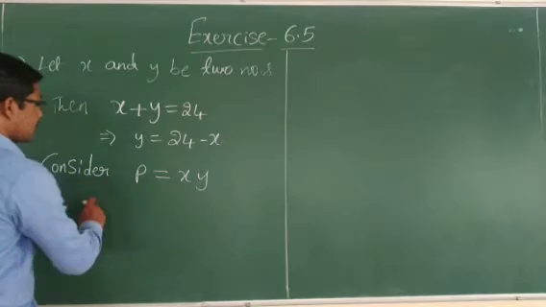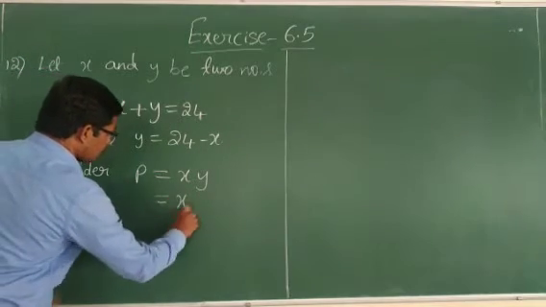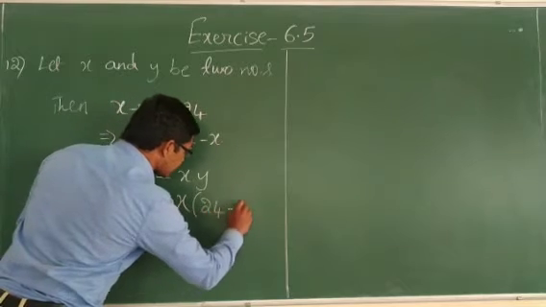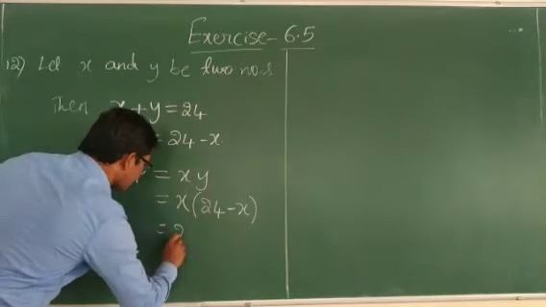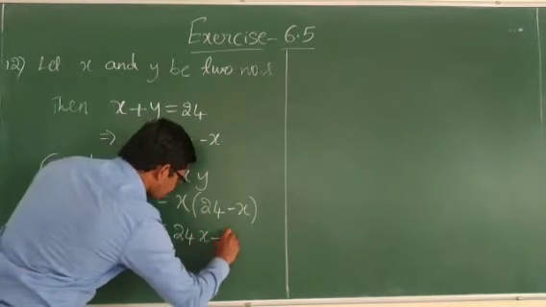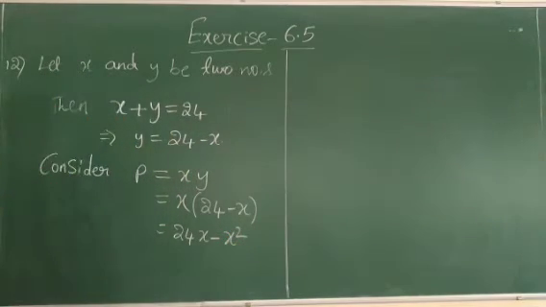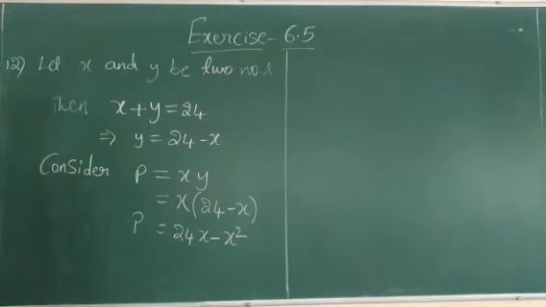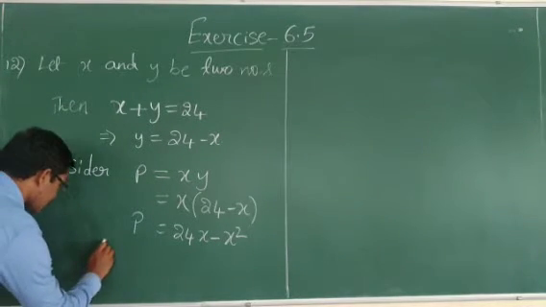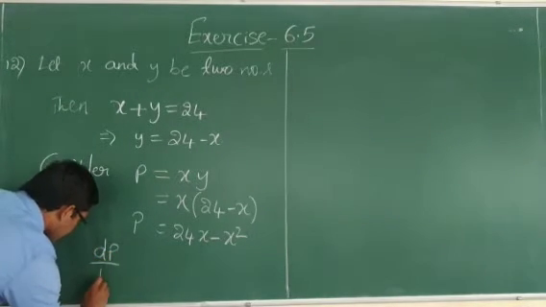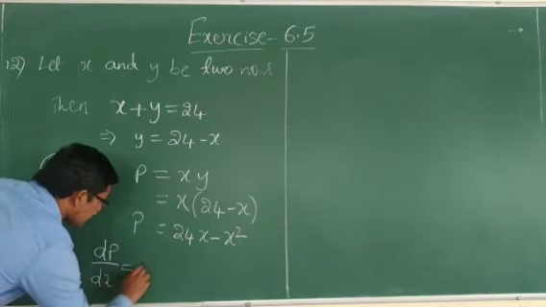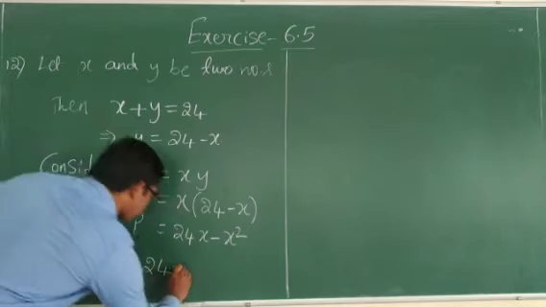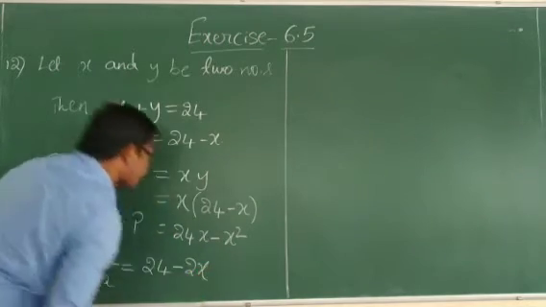So first we take y equal to 24 minus x. So this is equal to 24x minus x square. Now take the derivative. dp by dx is equal to 24, derivative of x is 1, minus 2x.